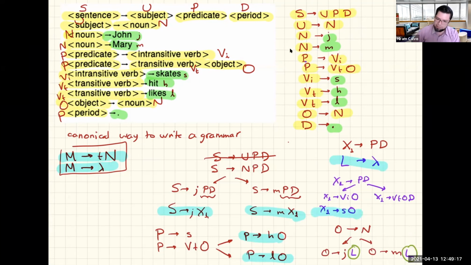And finally, for this one, we will do the same again. We have here two non-terminal letters, O and D, and I will rewrite that as X2. This will be X2. So I add another rule, which will be OD, and finally, I will write this as X1 H X2 or X1 L X2, which comply with this one.